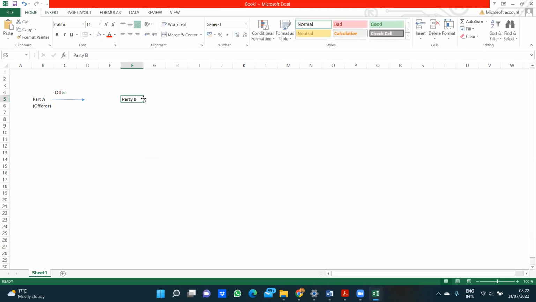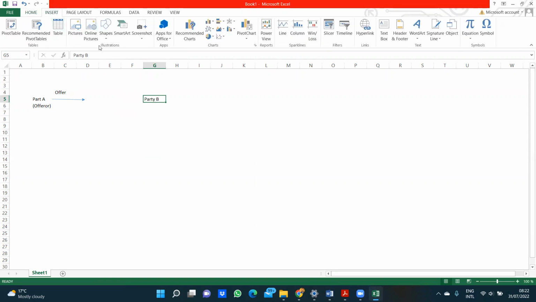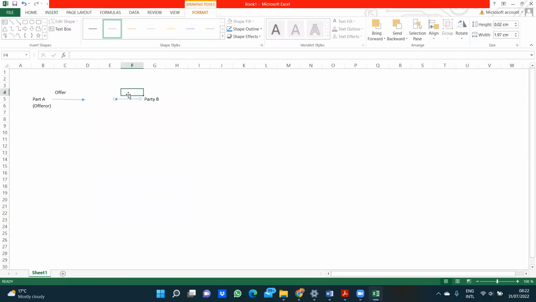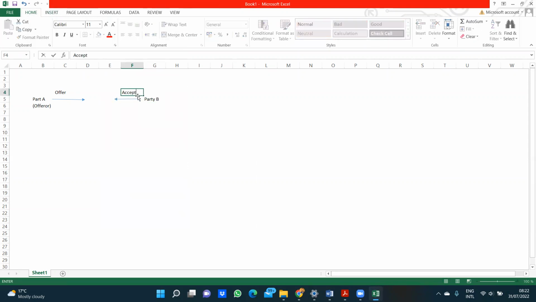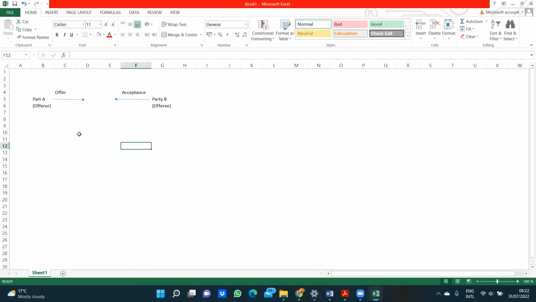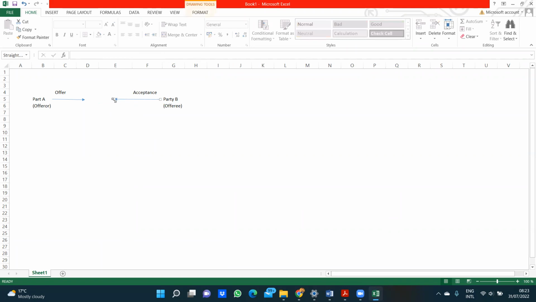For the agreement to occur, first of all, there needs to be acceptance from the other party, the offeree. Again, we need to have the offer from the offeror and the acceptance from the offeree, and this is how agreements occur.